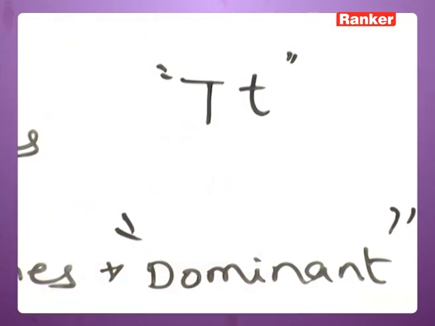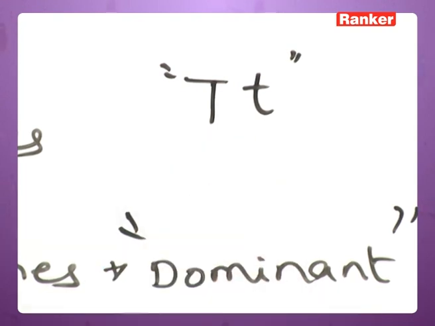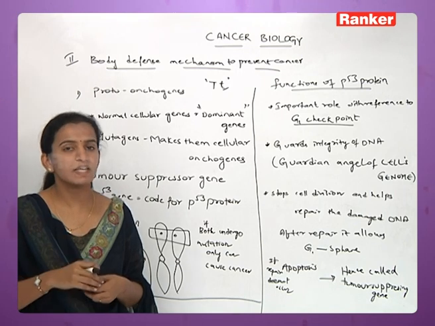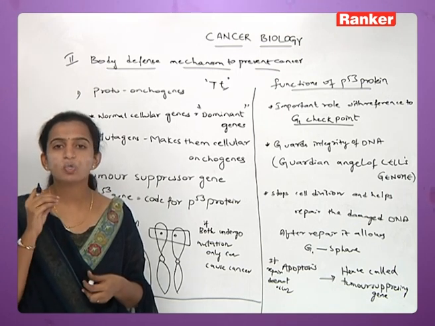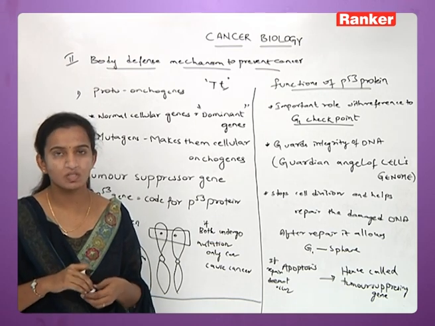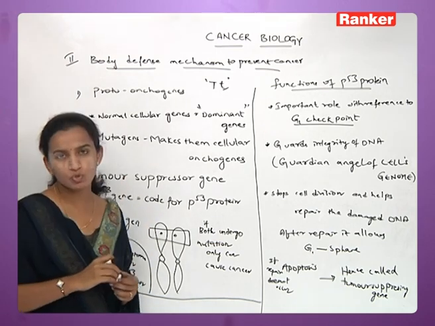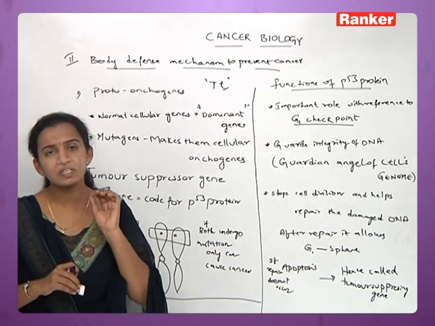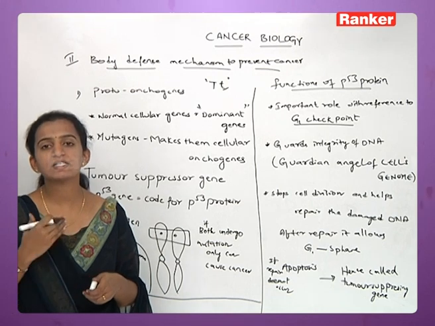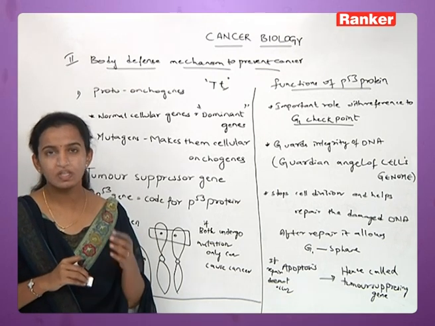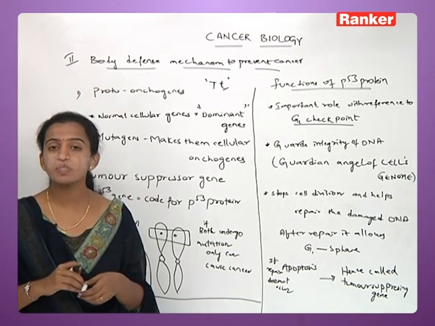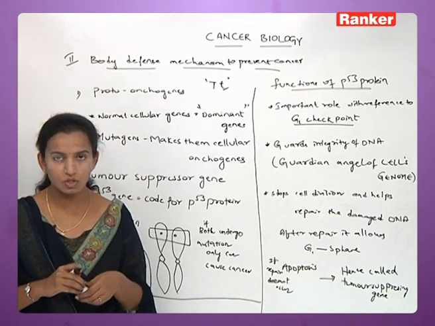Even though the dwarf character is present, being recessive, it won't come for expression. Why? Because one dominant gene is enough to change the complete gene expression. The same thing happens in proto-oncogenes. If you get a single dominant gene, these cancer cells will come for expression. So the expression of the cancer cells depends upon the dominant gene present in your body.